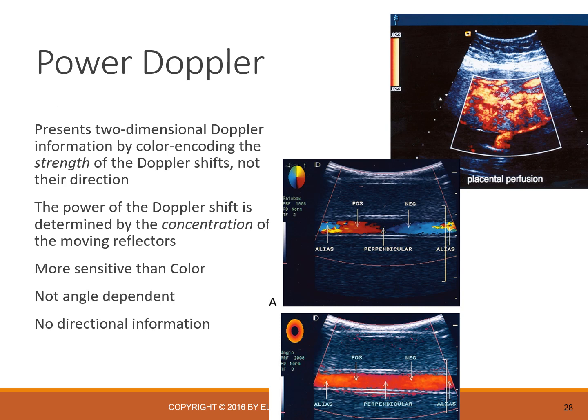And you can see that here. In our traditional color flow, at the area that they're getting 90-degree incidence, they have no flow because it's angle dependent. But here with our power Doppler, they're getting flow despite the angle. So again, a little bit more sensitive, pretty user-friendly in some situations.